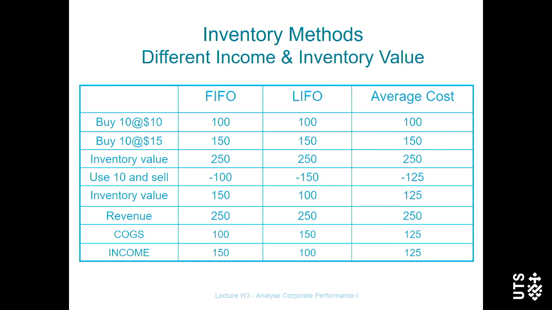In both cases, total inventory is valued at $250. So if next the company sells 10 of the units at $25 each, they will get revenue for $250, right?